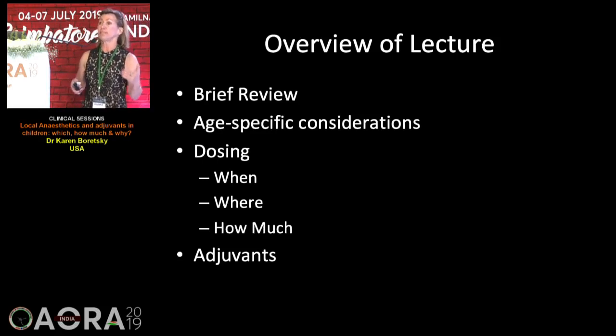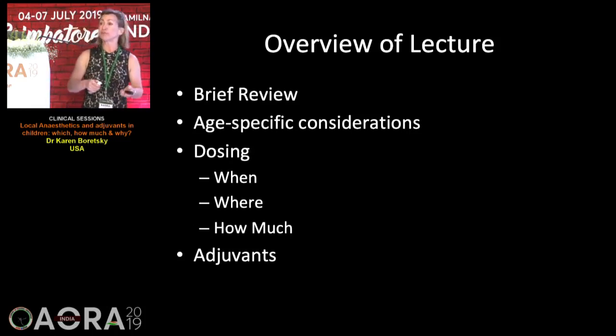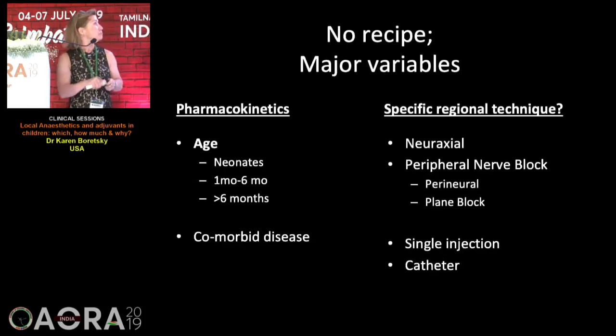In kids, it's very age-specific. We'll talk about when you do the dosing, where, and how much, and then briefly about adjuvants. Because local anesthetics wear off so quickly in children, we have to rely more on adjuvants to extend the duration.